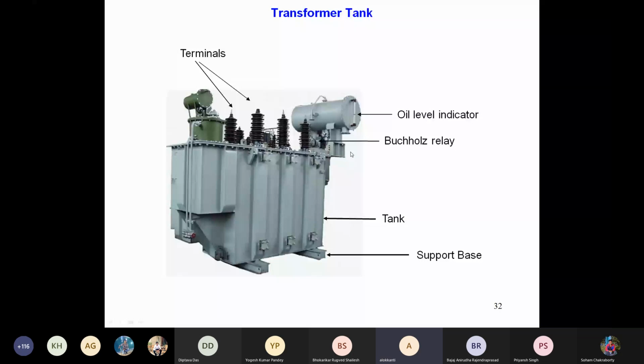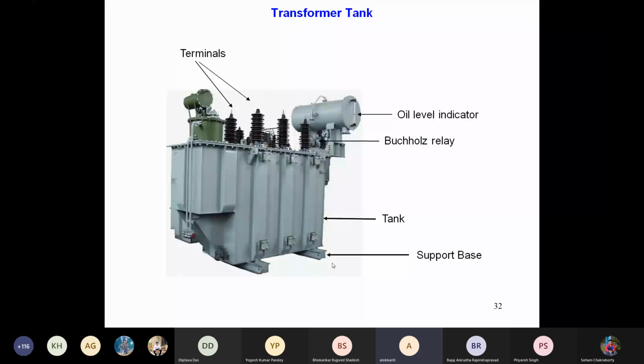Then the engineers will look into what the problem is and rectify it. So the protection mechanism is basically this Buchholz relay, used for protecting the transformer in case the oil is getting heated up and is unable to pass the heat to the atmosphere. So that is all about the transformer tank.